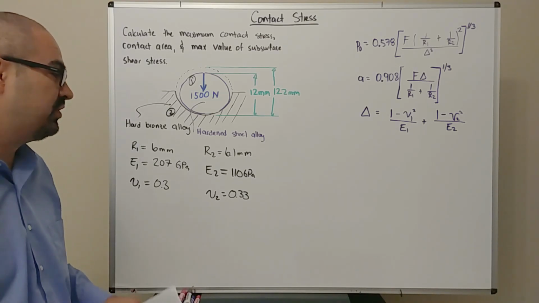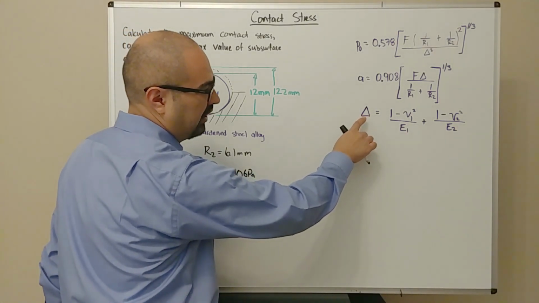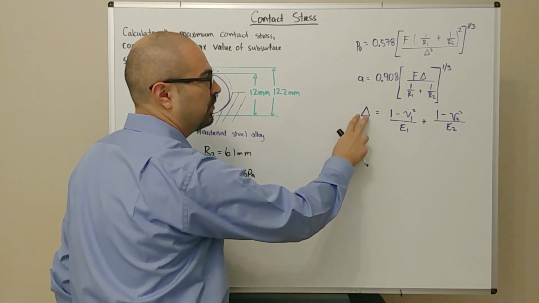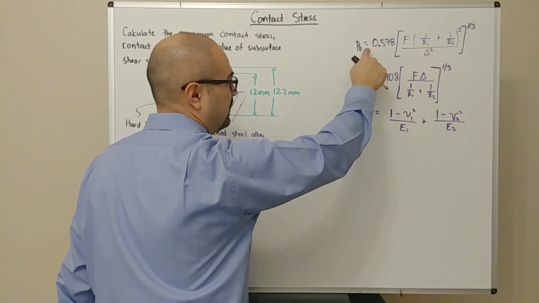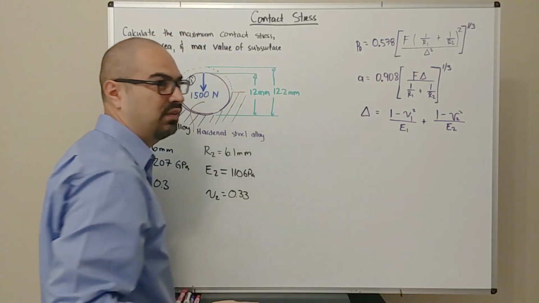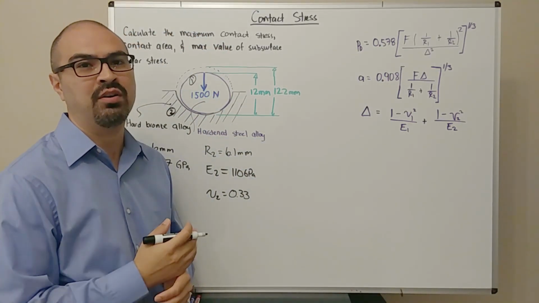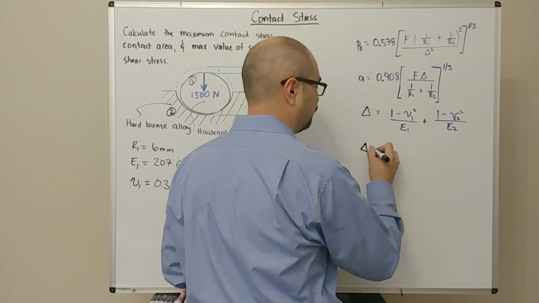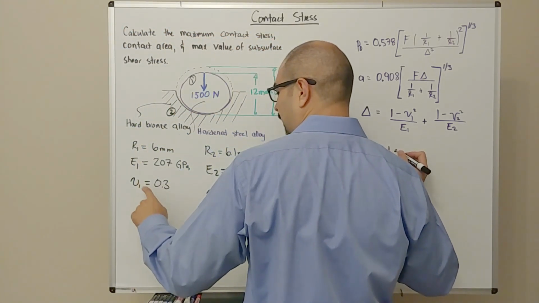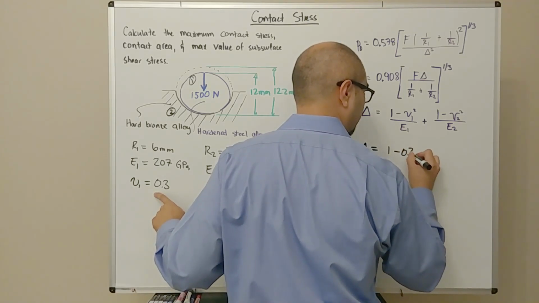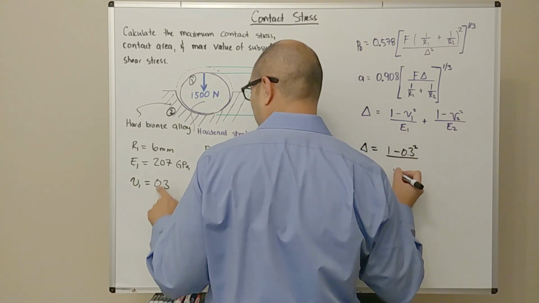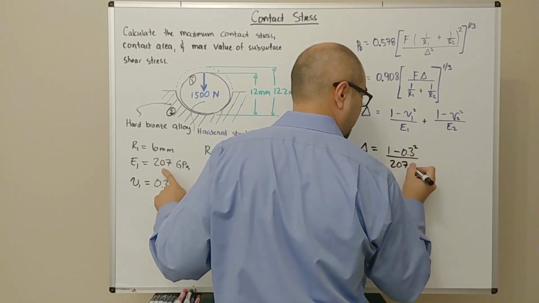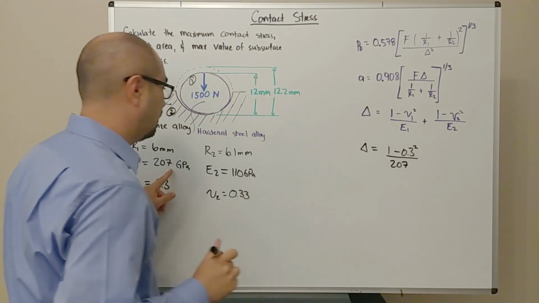So with this information, now we can go ahead and calculate the parameter delta, because we're going to use this value for both the contact pressure or stress and the radius equation. So let's start by calculating the value of delta. Delta is going to be 1 minus 0.3 squared divided by 207 gigapascals.